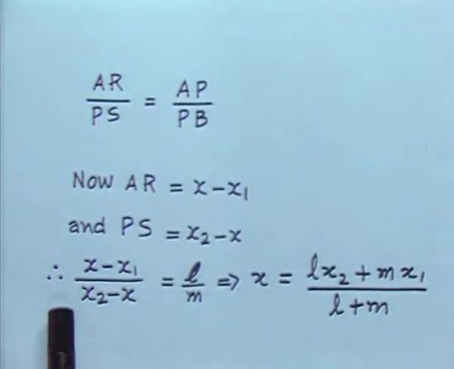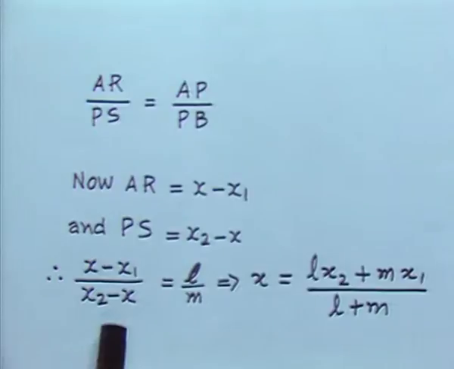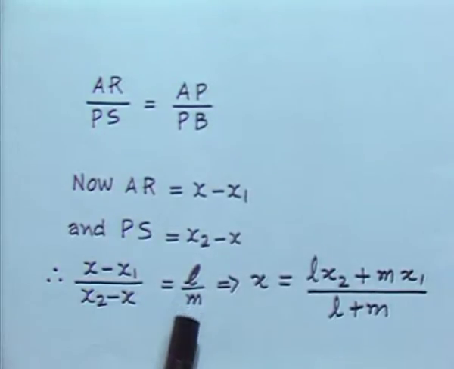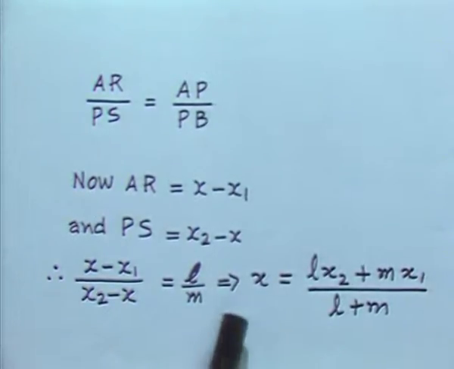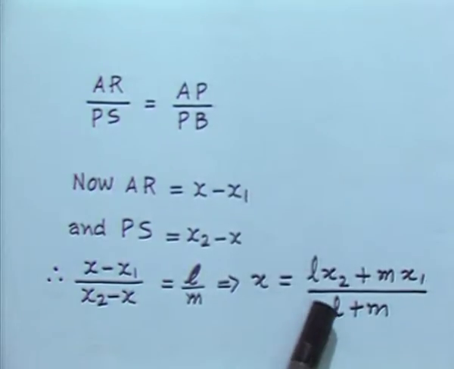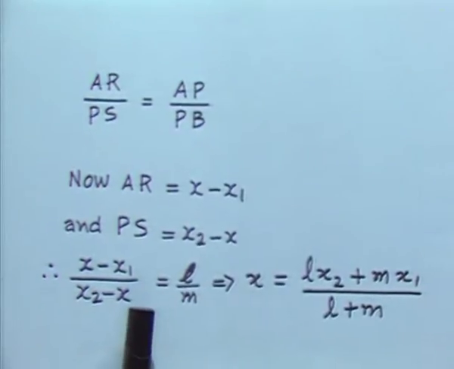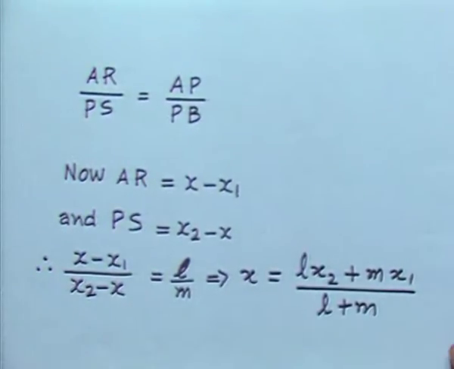Therefore, substituting these values, we have x minus x1 upon x2 minus x is equal to L upon m, which on simplifying gives us x equal to Lx2 plus mx1 upon L plus m.